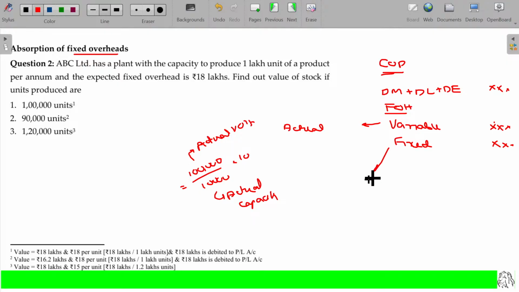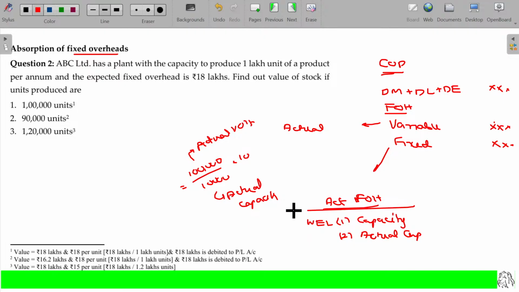In case of fixed overhead, you take the actual fixed overhead divided by whichever is lower of full capacity and actual capacity.